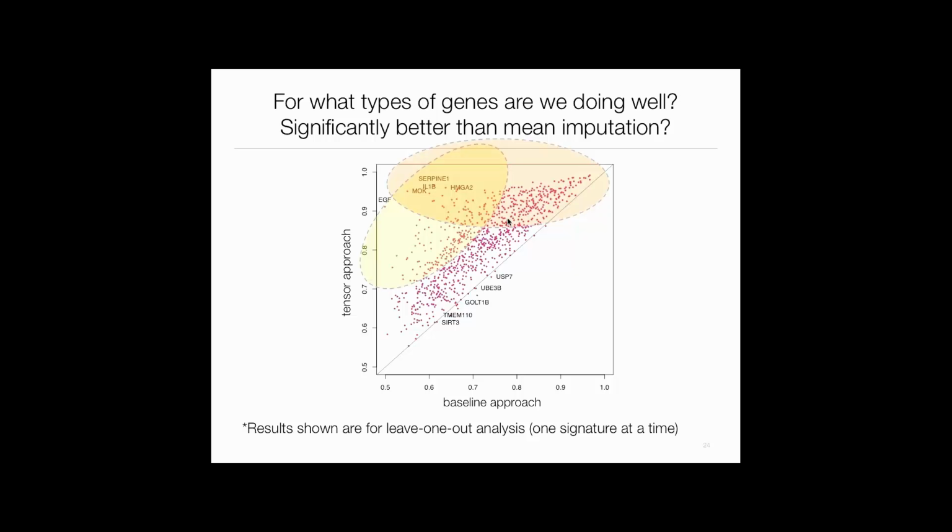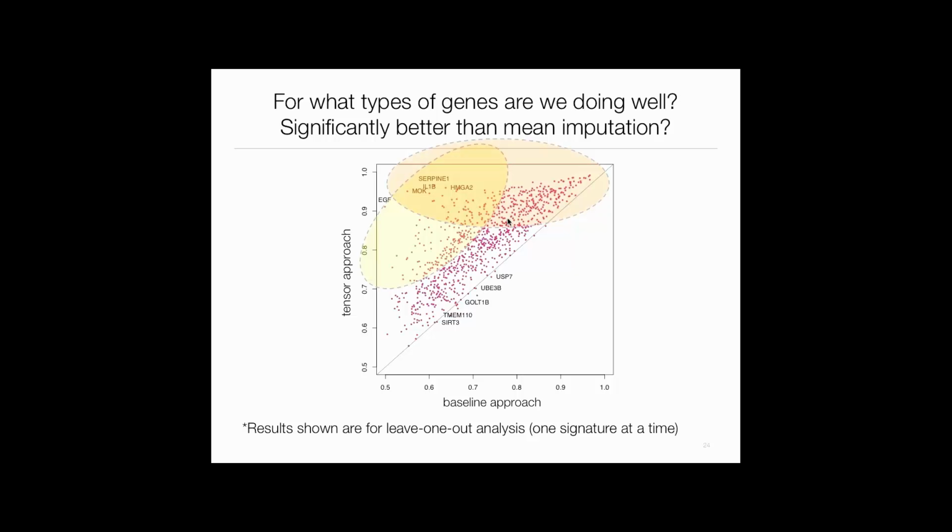Thank you. Mm-hmm. And so the reason that we used that baseline is because without that comparison, we were just wondering, maybe that's all the tensor approach is doing. It's just looking across the cell lines and saying, oh, this is what I think the drug is doing in this cell line.